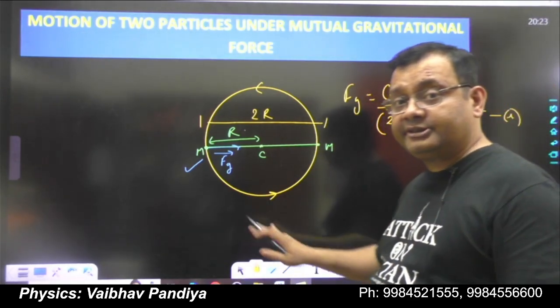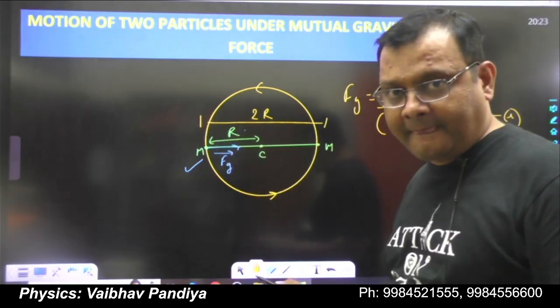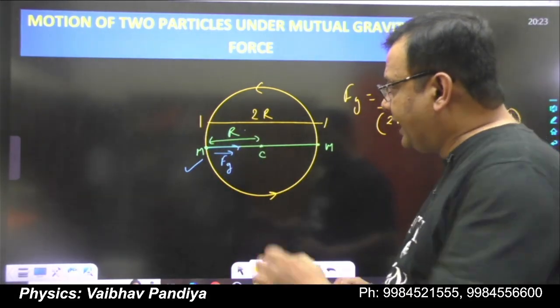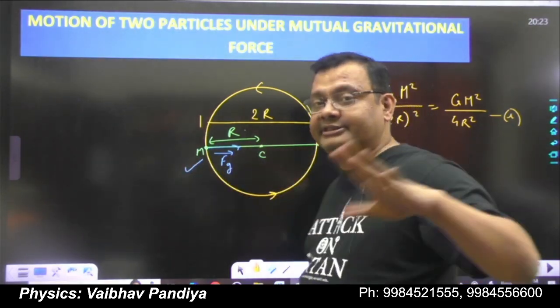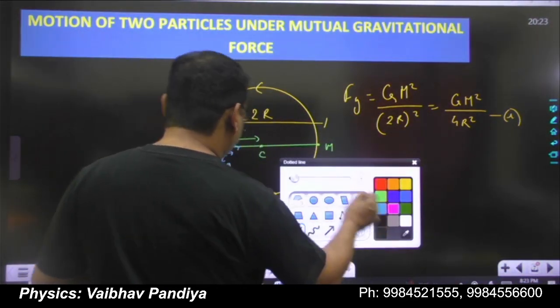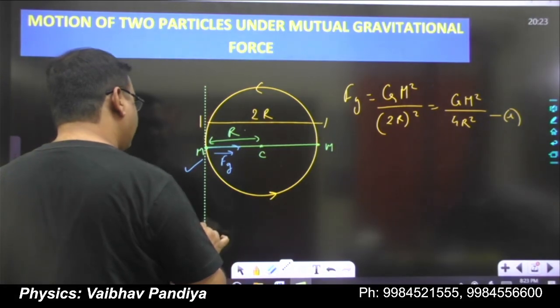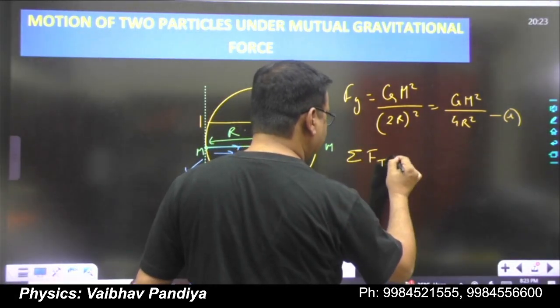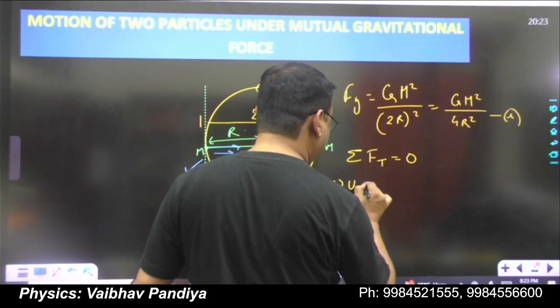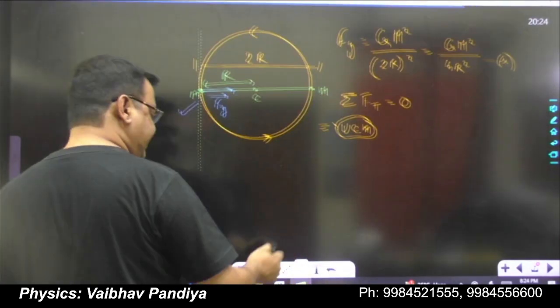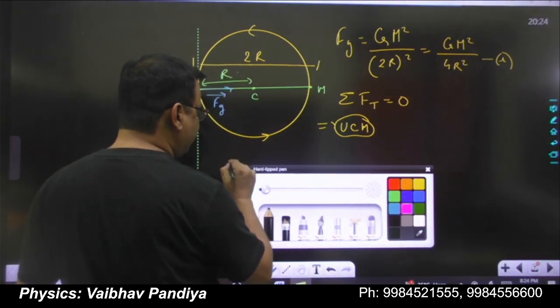Now you can see this is the net force on this particle. Net means resultant, no other force is acting, and the net force is acting towards the center. So there is no tangential force, correct? Since the tangential force is absent, the motion is uniform circular motion, and the net force acting towards the center will provide the centripetal force.